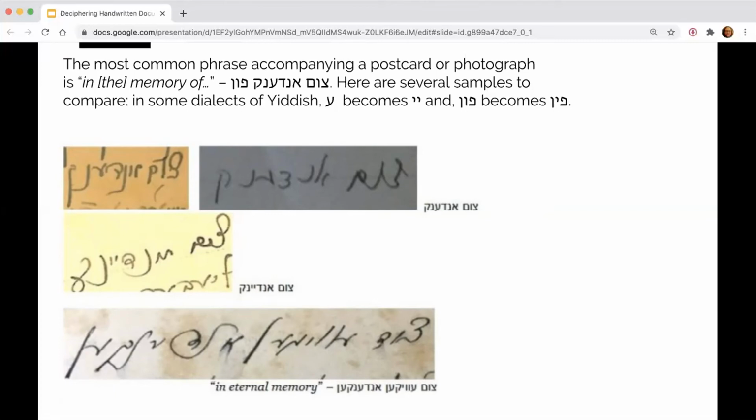Back then, as you can see, sometimes ayin, sometimes two yuds, sometimes vav becomes yud in these different dialects. So keep in mind that beyond deciphering the spelling, you might be dealing with a language that did not use one exact spelling standard.